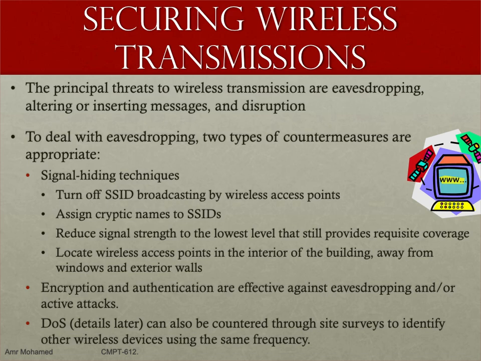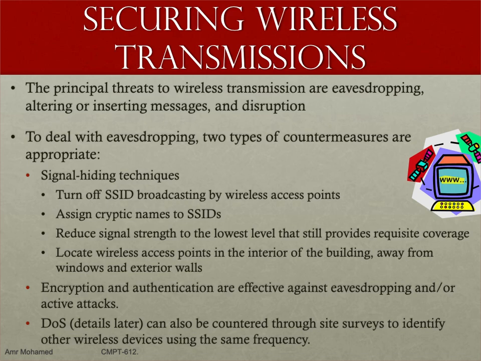Why is this a threat? Because it allows people from outside to connect, so this increases the risk. But if you contain these access points in closed areas, away from the windows and so on, this reduces the possibility of external people connecting to it.